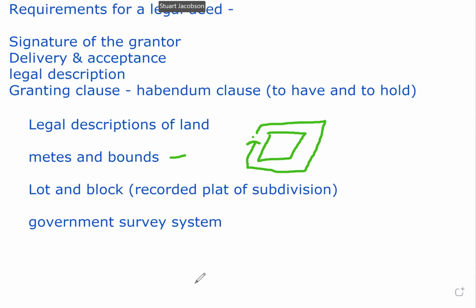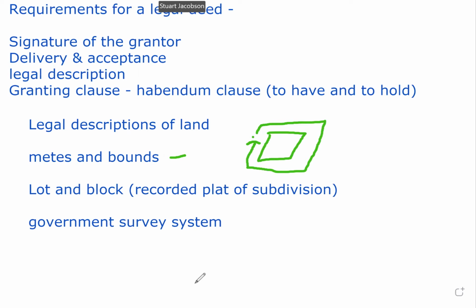So they started using man-made monuments called rebar. They look like little metal stamps, so you might see them somewhere, like survey system markers. Those are called rebar, man-made. And that's what they use now in regards to using the metes and bounds.